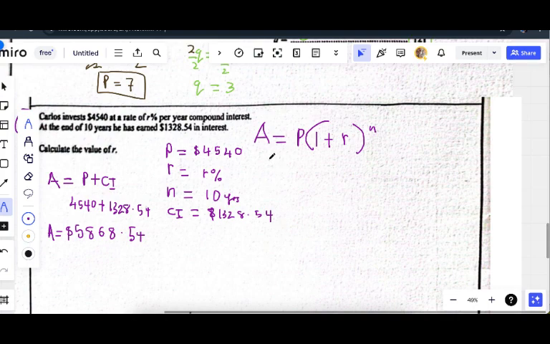So we substitute this value for the amount and solve the problem. So we say 5,868.54, which is the value of amount. Amount means the total money he received at the end of 10 years.